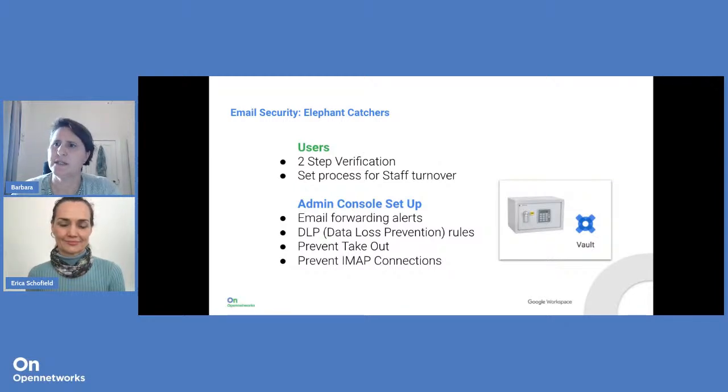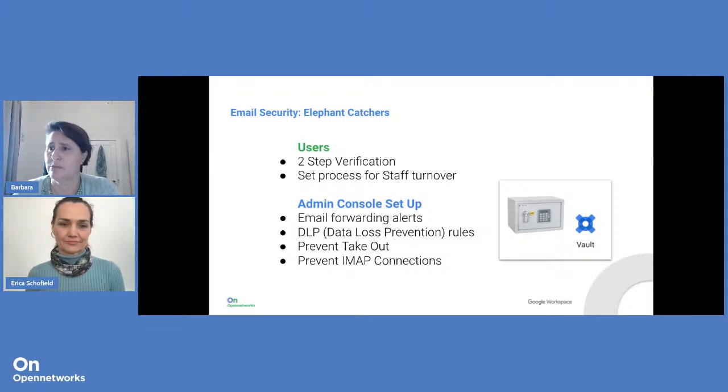Then Takeout is a tool that Google provides that allows you to download all of your Google data. It's really useful in certain circumstances, but again, is a danger to information leaking out. And you should in the admin console block the ability of your users to do a takeout as a default. And lastly, you should also disable IMAP connections for your users.